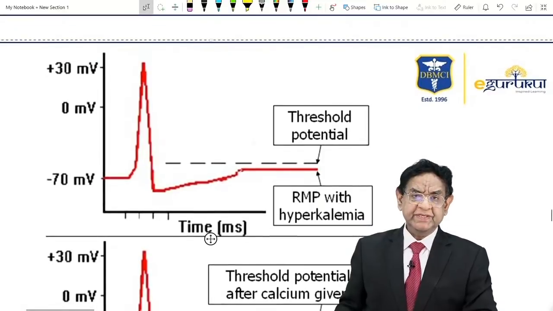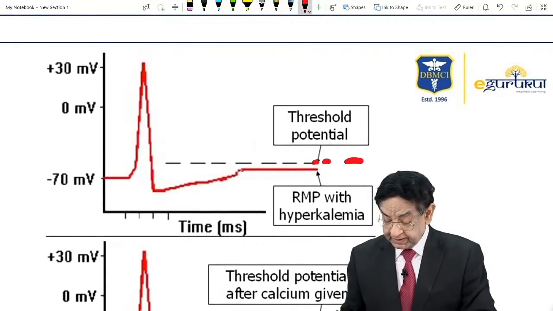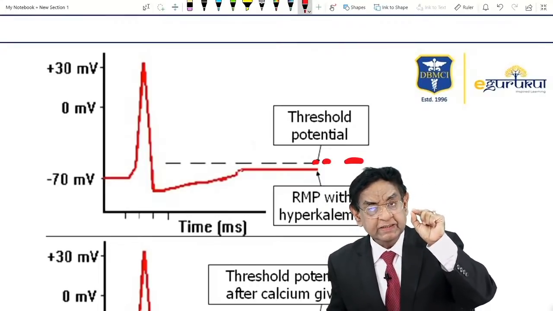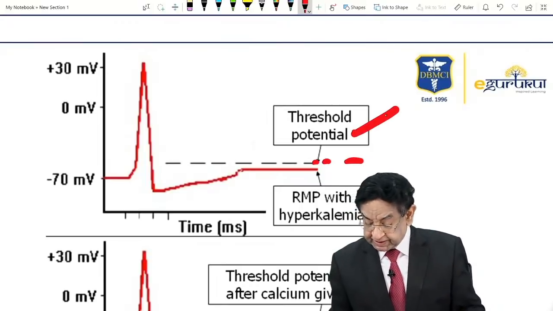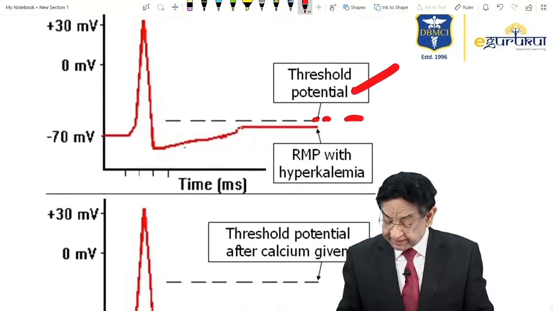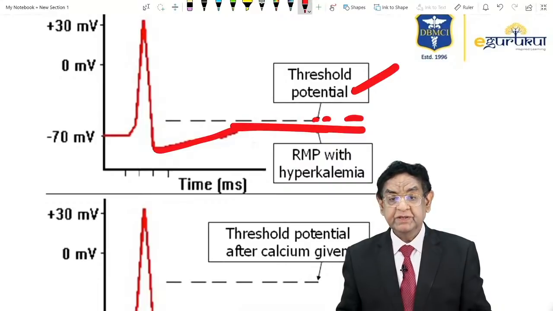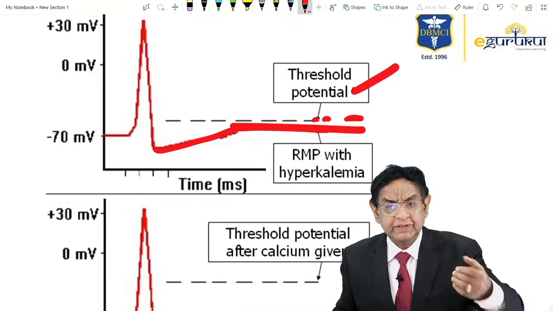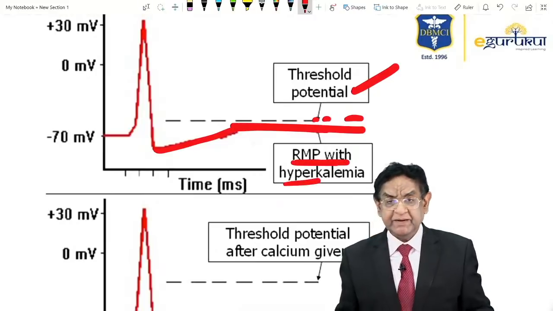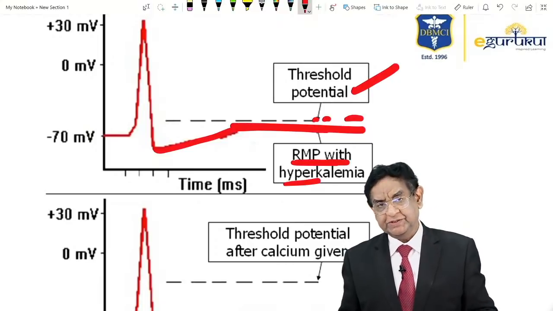In cardiac physiology, all of us know that we have a threshold potential. Once the action potential reaches threshold potential, firing starts. When hyperkalemia is there, the resting membrane potential becomes quite near to the threshold potential.